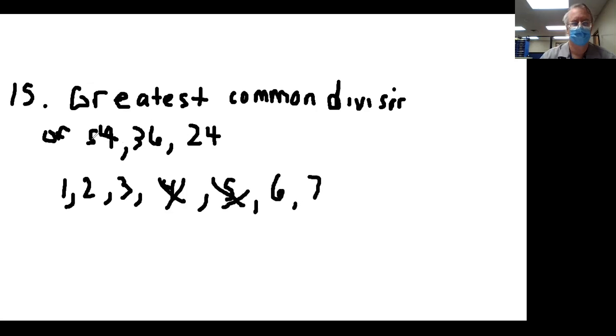If you take your calculator and divide in each one, you're going to find it doesn't divide in all three. 7 doesn't work. 8. Doesn't work. 10, and so on. Actually, 9 doesn't. 9 does not.